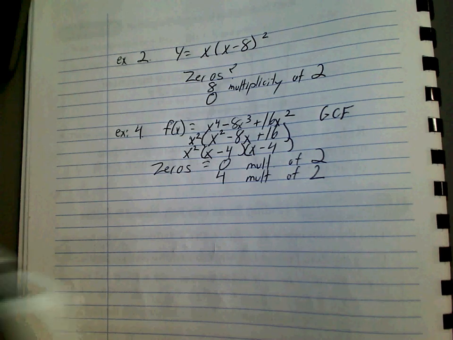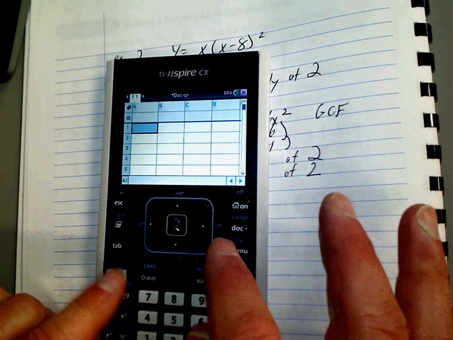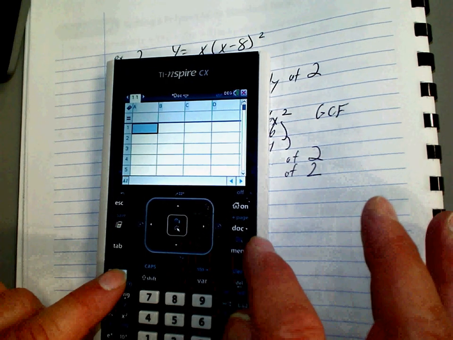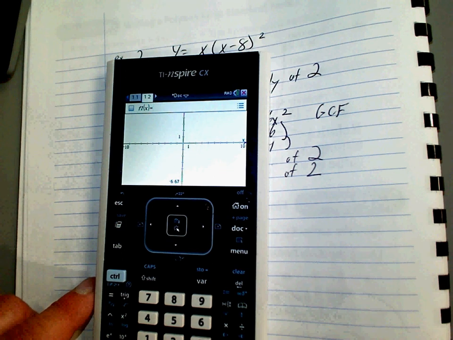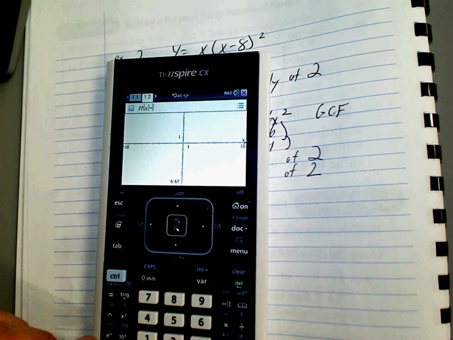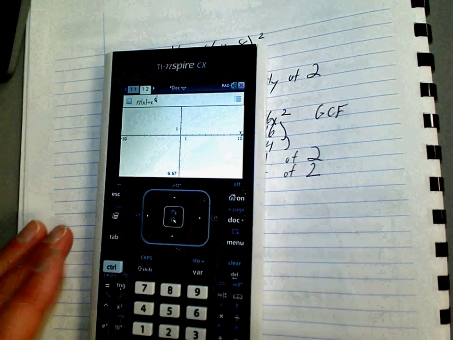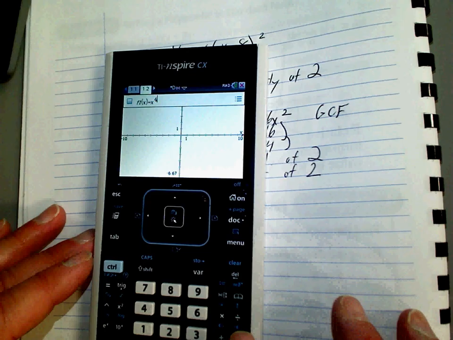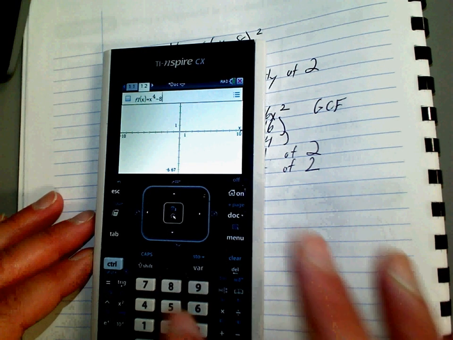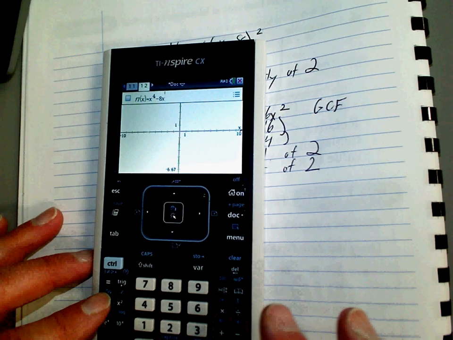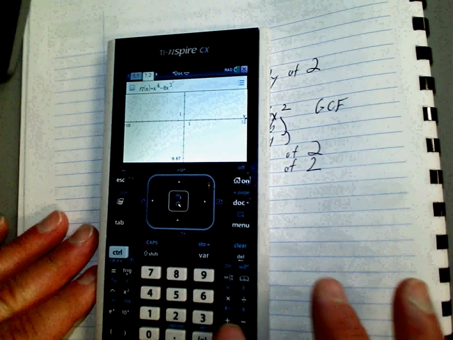So what would that look like? If we wanted to look at that on a graph, we would say x raised to the 4th minus 8x to the 3rd plus 16x squared.